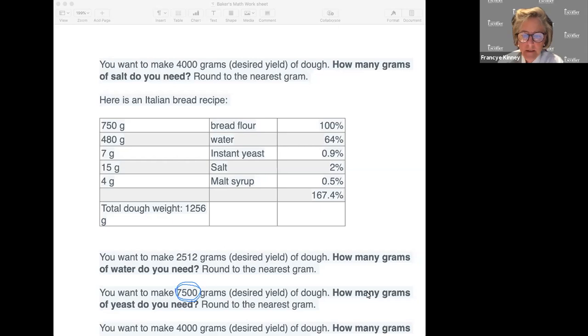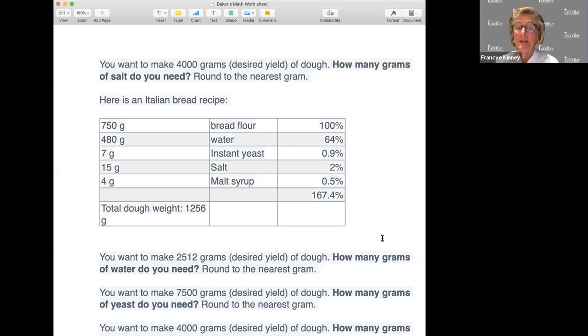Basically we are doing just what we did with the Spritz cookies and the cookies from the Bake from Scratch website. We are being given a new yield and we already have our percentages here. So we figure out how much we want to make.